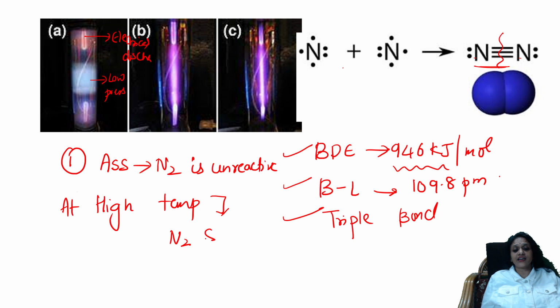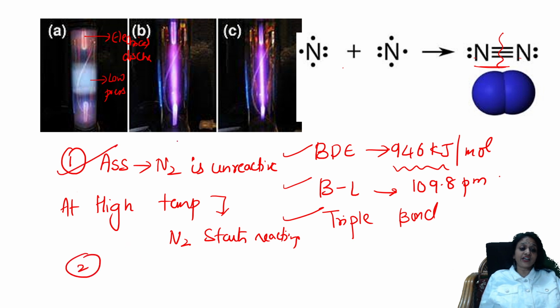So the assertion is right. In the reason, they said there is delocalization of electrons in nitrogen. The reason is wrong. In the nitrogen molecule, it is a triple bond. There is no delocalization.